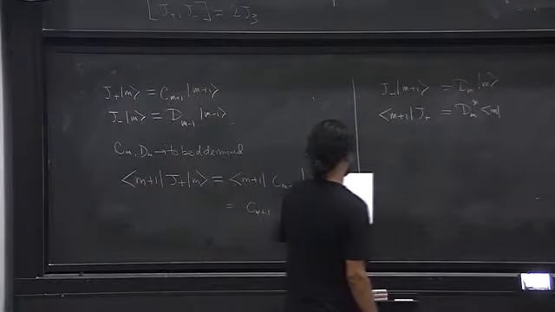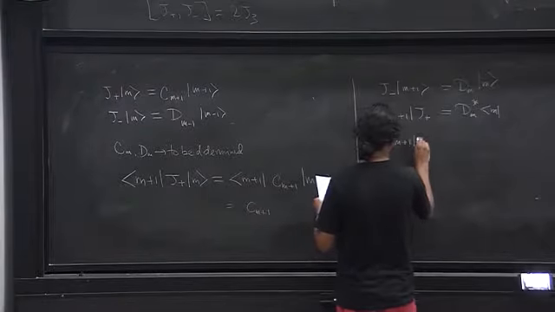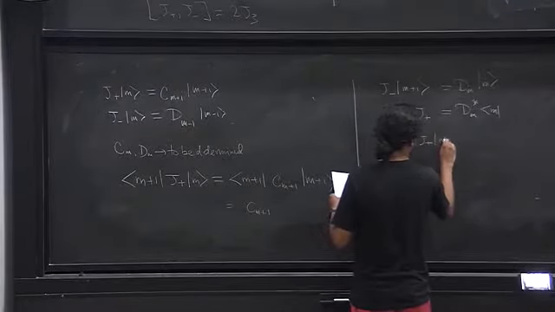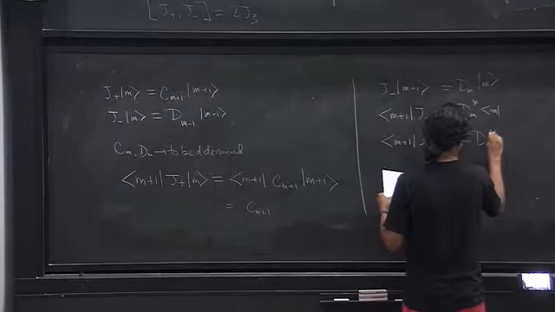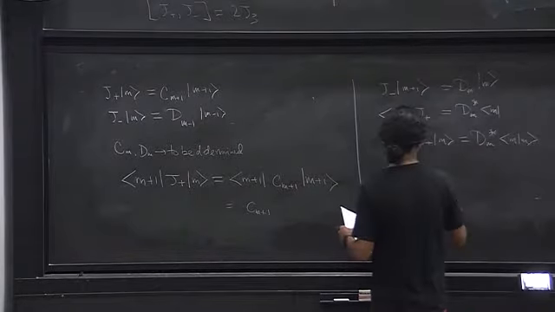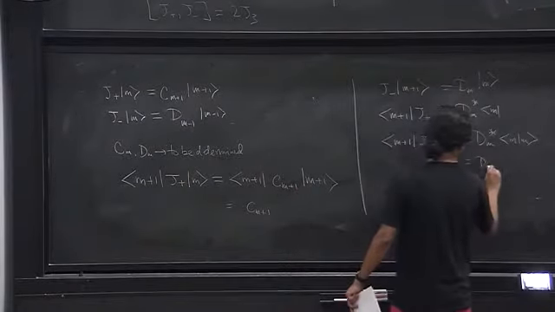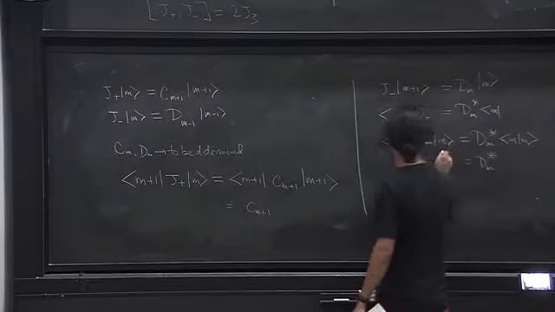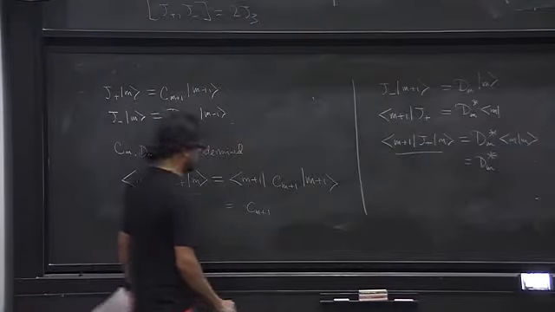And now I take the inner product of this equation with the ket of m. Then this is 1. And we see that the left-hand side of this equation is the same as the left-hand side of this equation.